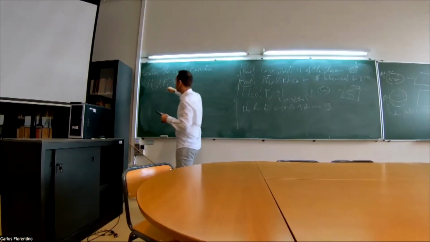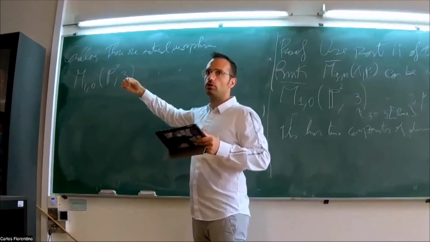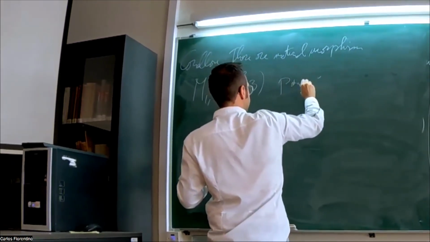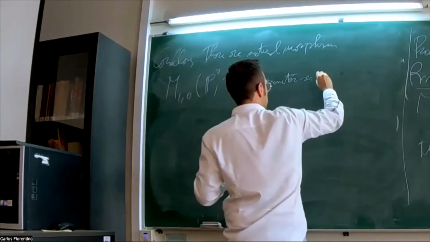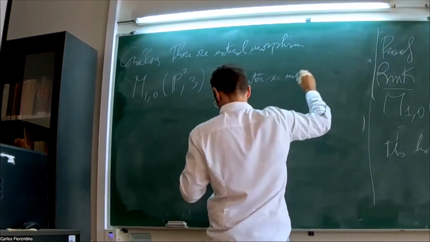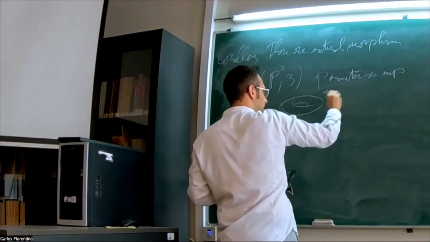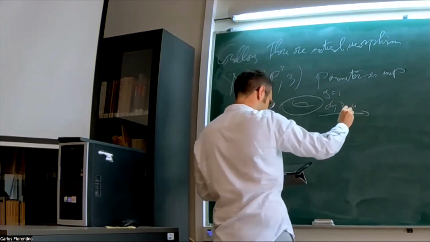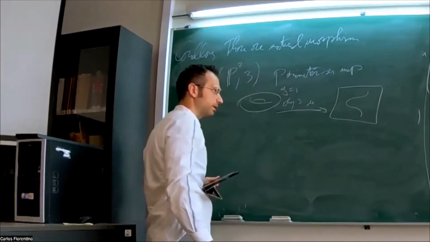This is the subset parameterizing curves with irreducible domain, so this parameterizes maps of degree 3, degree of the map mu, where the image is a cubic.